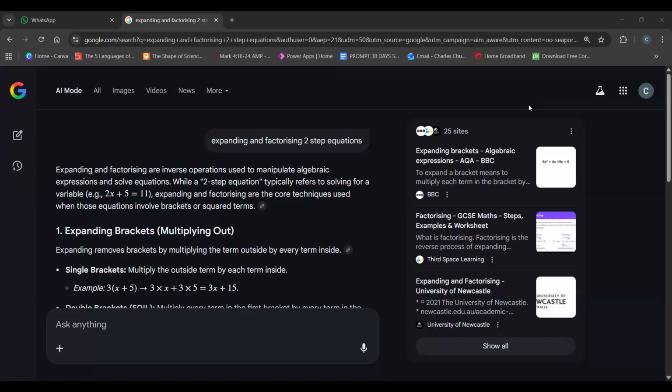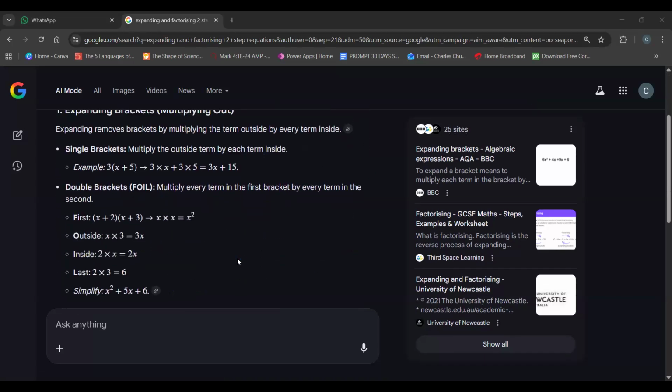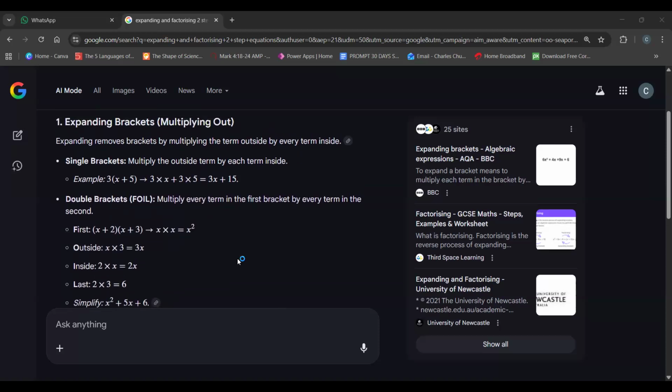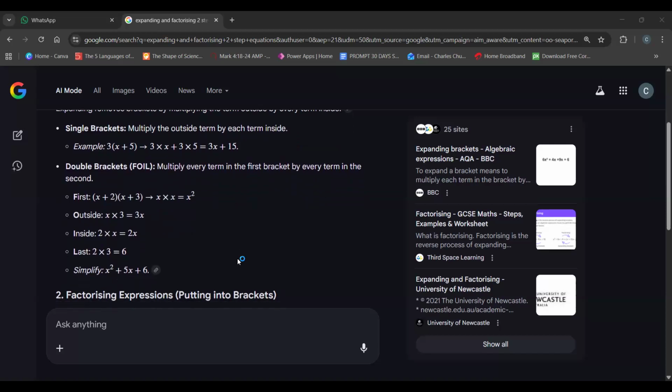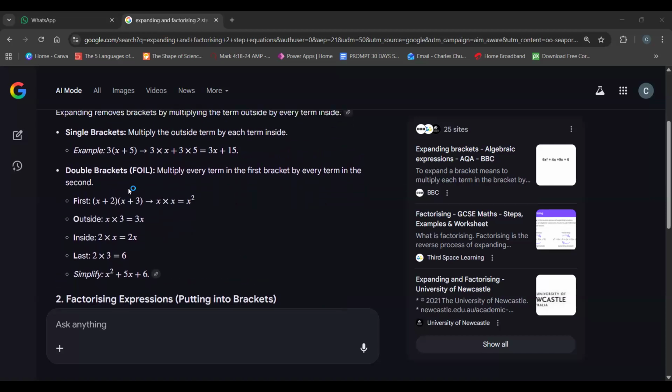Okay, so let's look at an example of expanding. I'm probably going to look for more questions so that we can have more practice with this. Can you see the example here where it says 3 into bracket, x plus 5, close bracket?